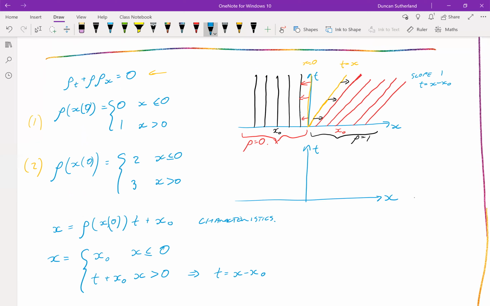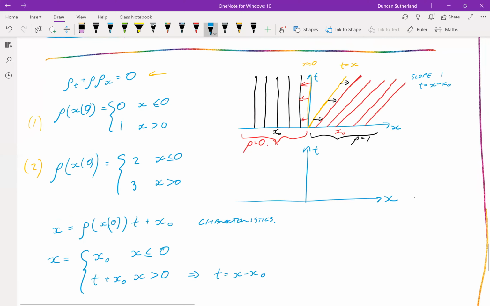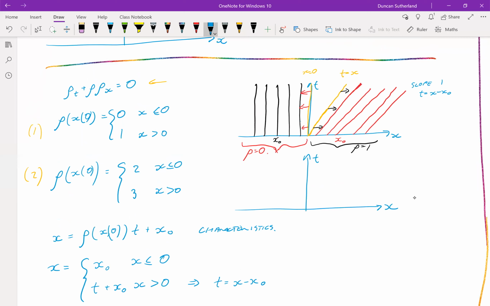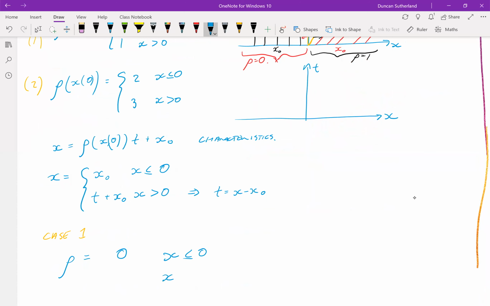We know what's going on in that region. Everything to the left of this line, right? That line is t equals x. If x is greater than t, we're in this region here, right? These are just different points where x is greater than t. So for x greater than t, density is 1.